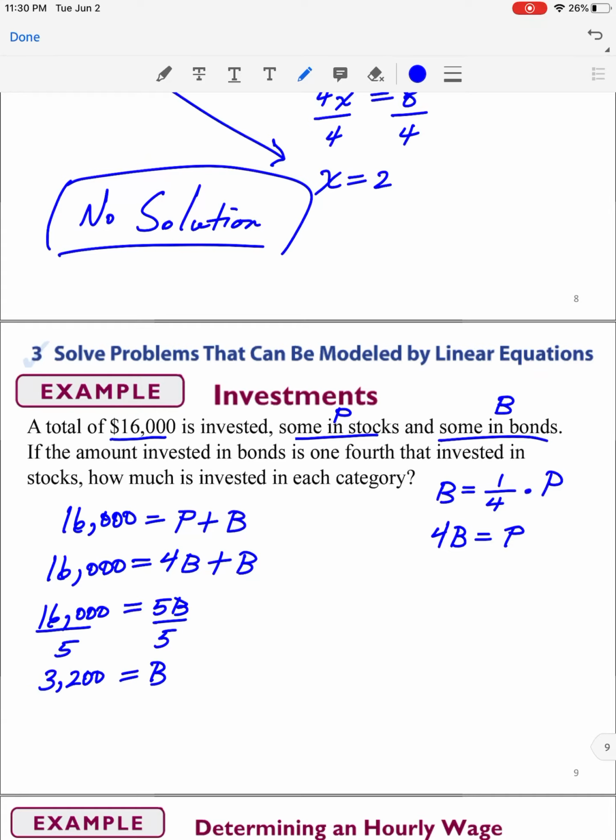If 3,200 goes into bonds, how many go into stocks? Well, stocks is equal to 4 times b, so we would say stocks is equal to 4 times b.